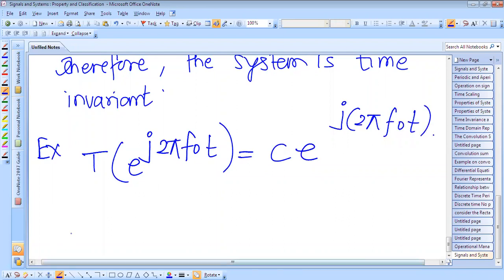So this system represents a linear time invariant system. The output of this system is the complex sinusoid into some constant. This is the complex sinusoid and this is the constant, and the input is also a complex sinusoid.